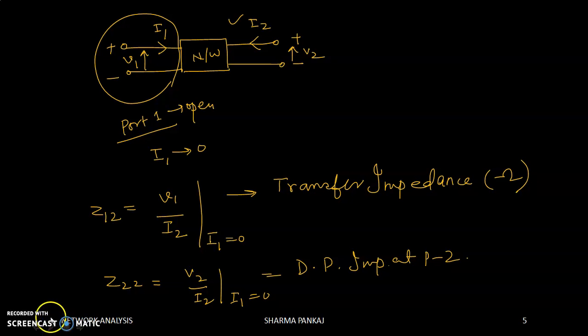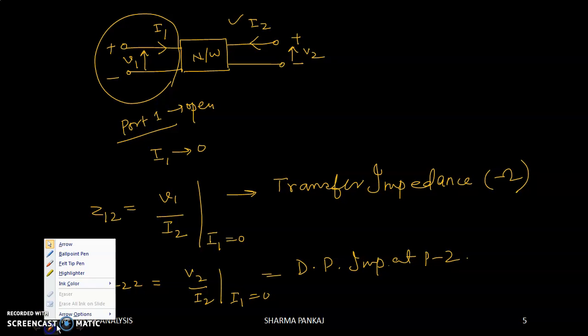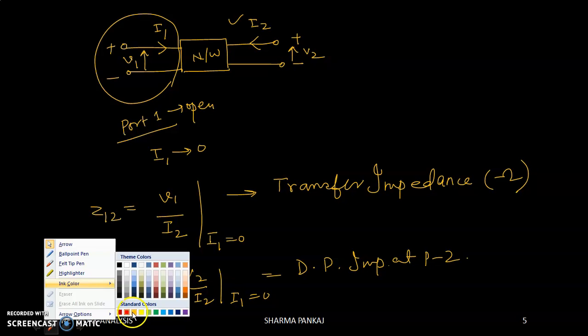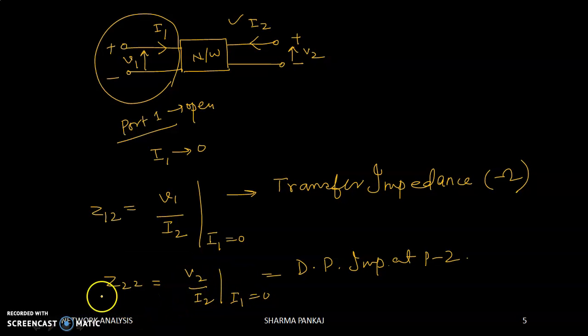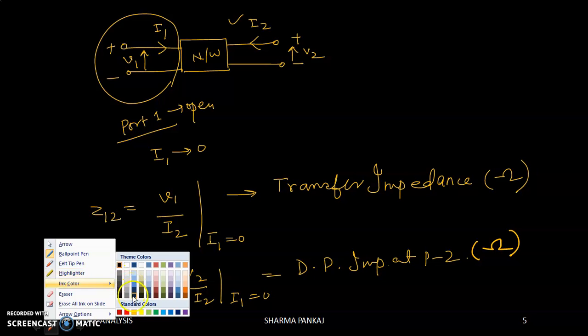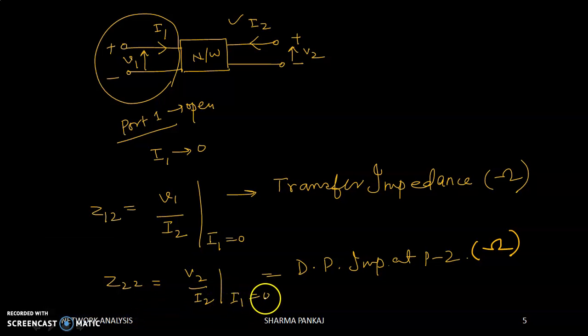So Z22 is your driving point impedance at port 2, and the unit is ohm, that is V upon I. This is driving point impedance at port number 2.